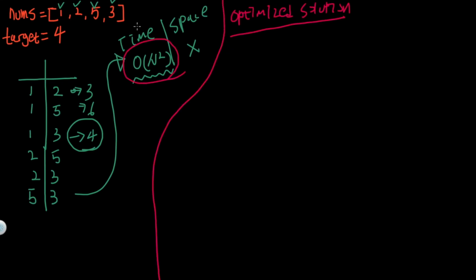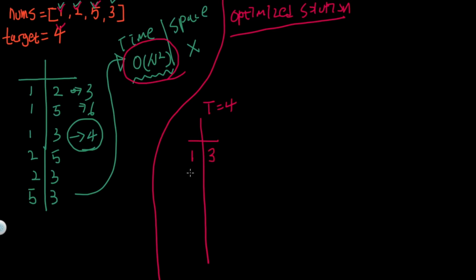So let's think about what we can do with each number and the target. When you are iterating over this array and pointing to 1, with target 4, we want to find out if 3 is in the array.